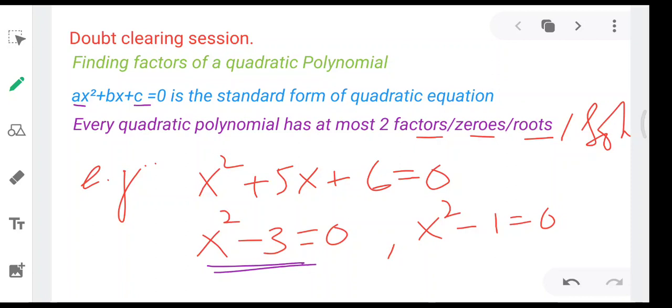And in the first example, you have all the terms: x square term, then 5x, then 6. So we can have 3 terms, we can have 2 terms, and I can have 1 term also.